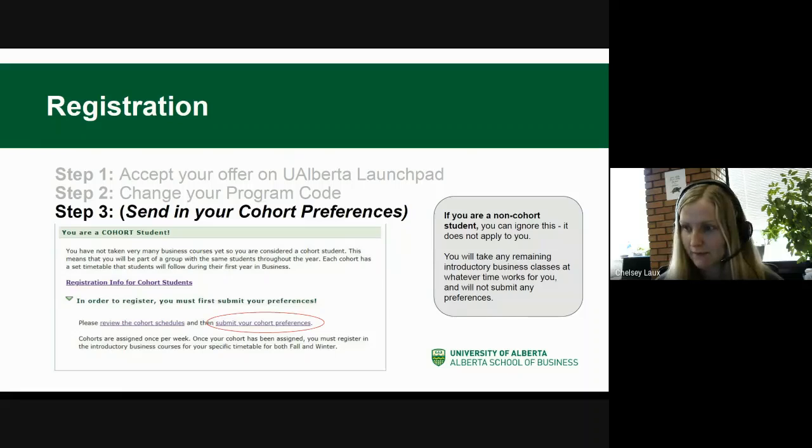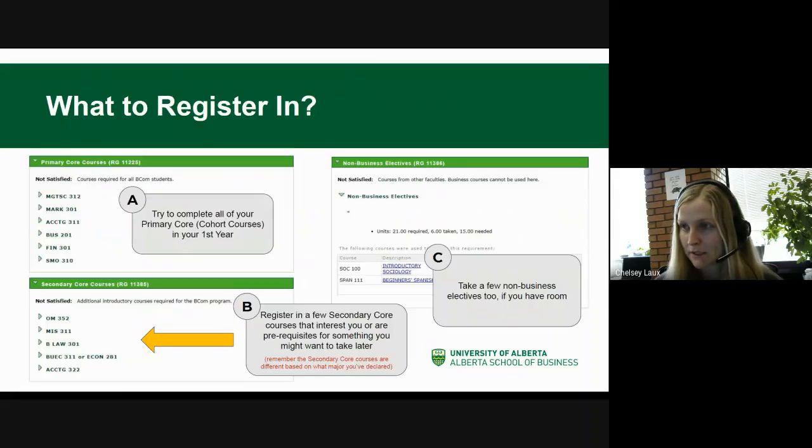Okay. All right, so now that you've been assigned a cohort, or you've figured out if you're a cohort or non-cohort student, you need to know what to register in for your first year. First things first, you're going to register in all this primary core, like I mentioned. If you're a cohort student, you're going to be registering in all of these automatically. Then you're going to fill in your winter schedule with a few of the secondary core courses.